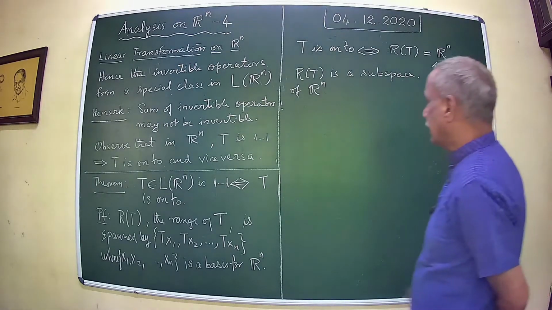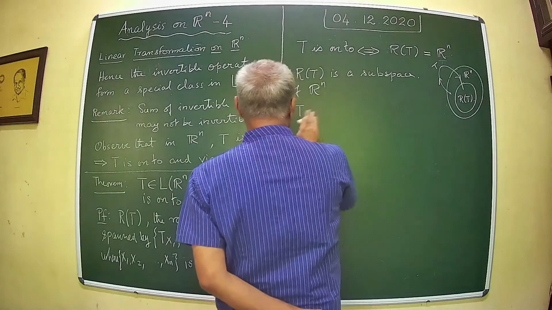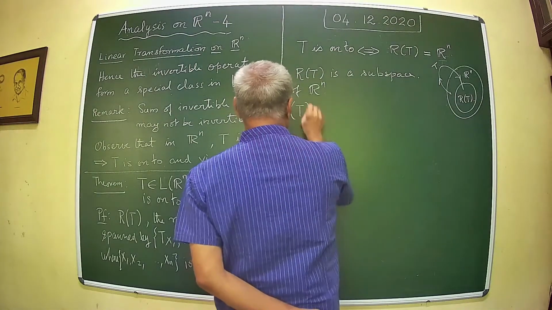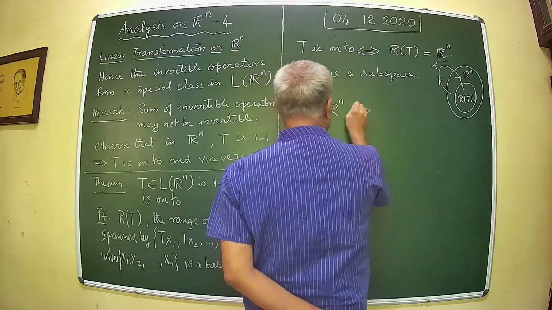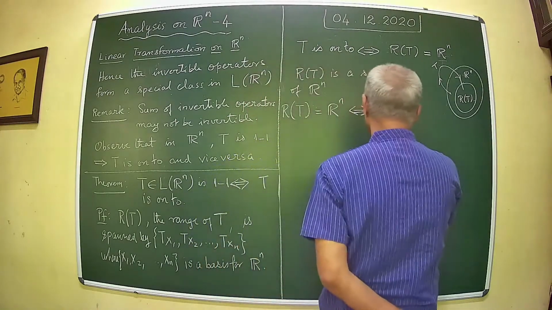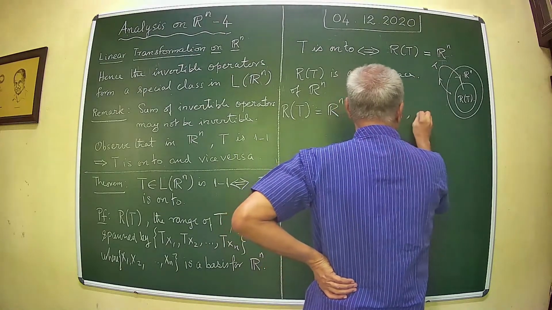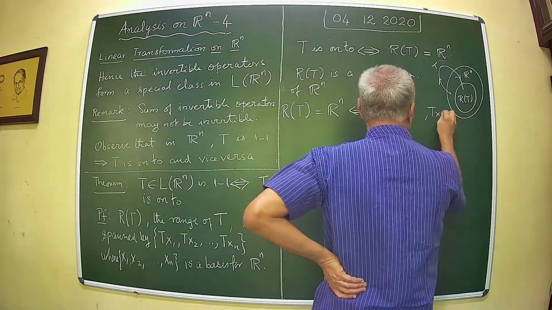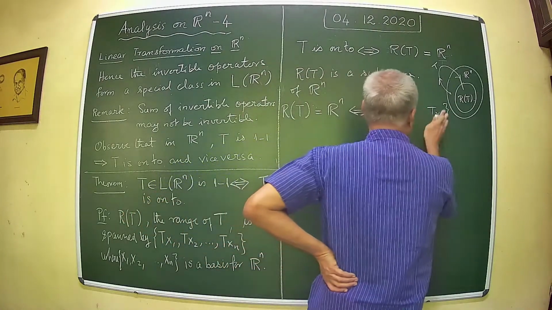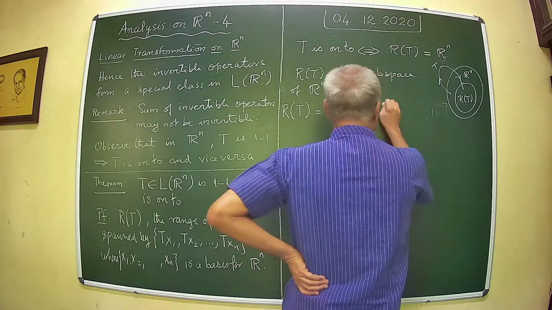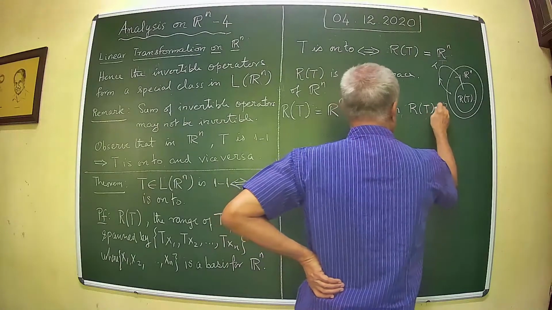Therefore, R(T) is equal to Rn if and only if the dimension of R(T) is equal to n.